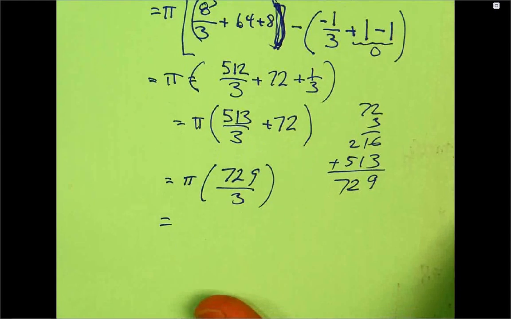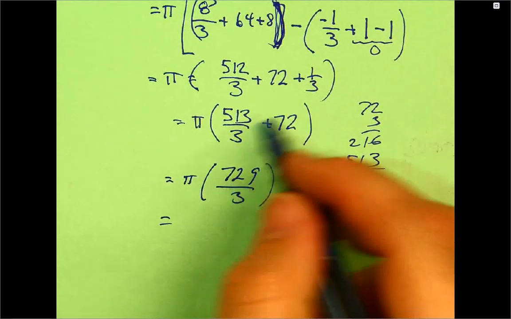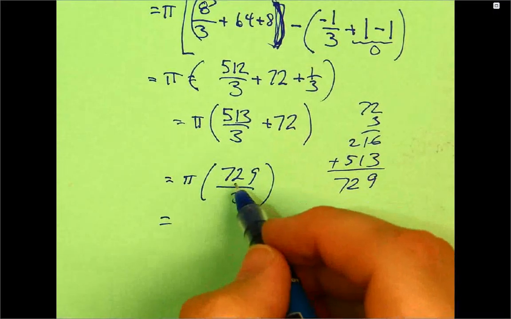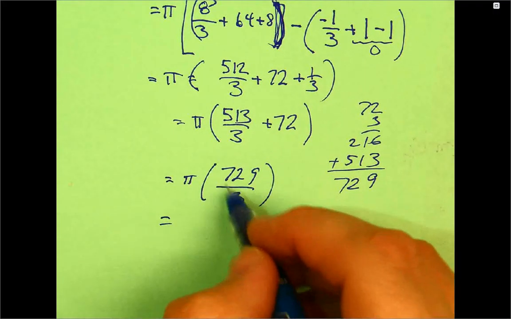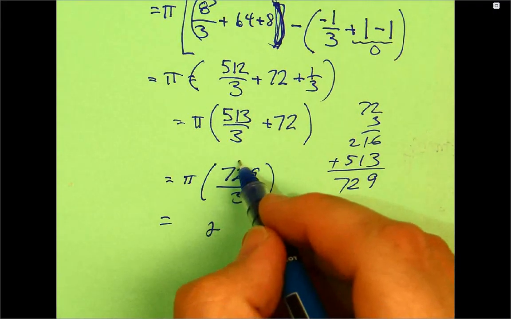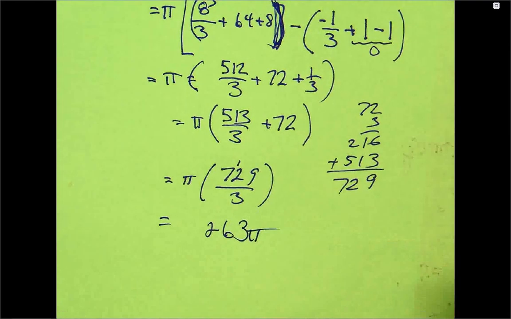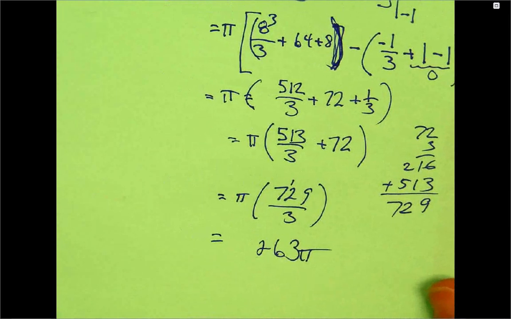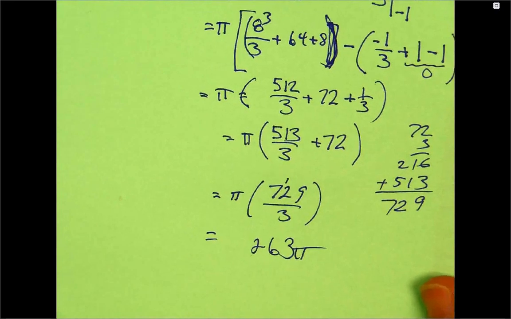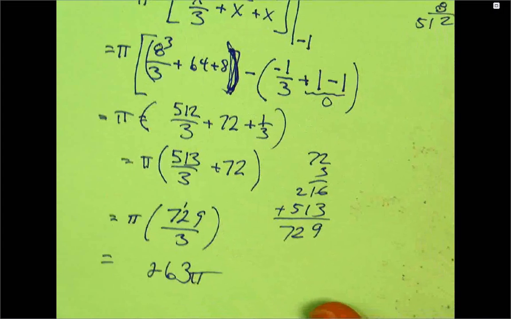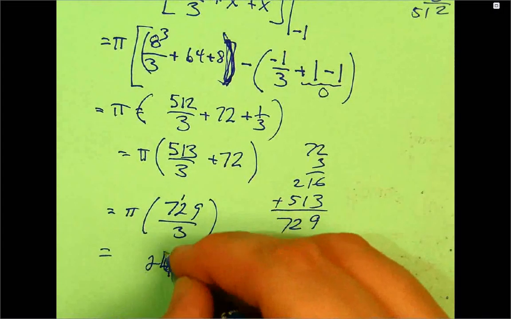It does, because I've seen this many times. 3 goes into 7 2 times with the 1, so 1. 3 goes into 12 6 times. 3, 263 pi. Yeah, that probably would be a better answer, since 3 goes into 12 4 times.